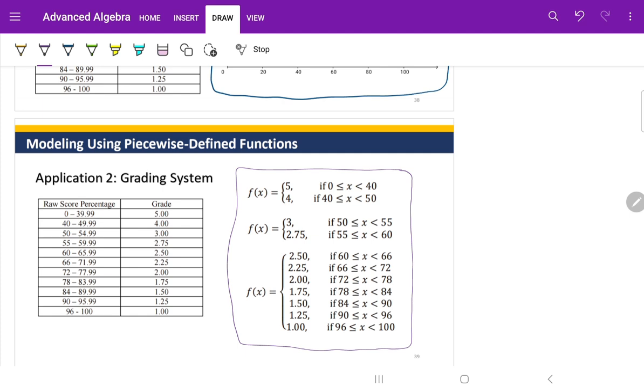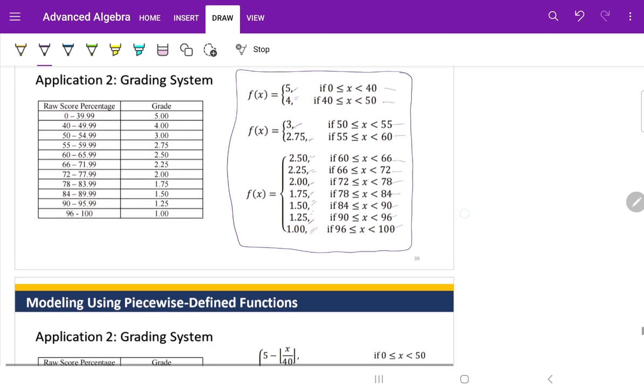So this means that there are several possible values of f of x. These are the grades, and you could only obtain these grades if your raw score falls onto the following domain.